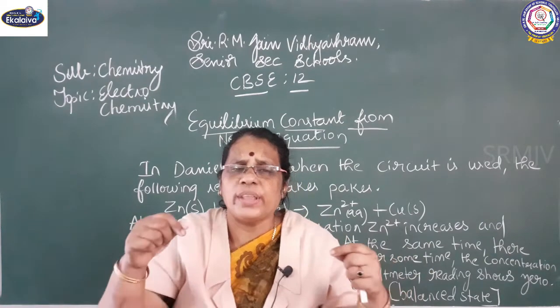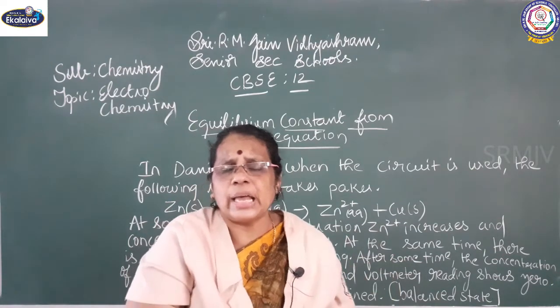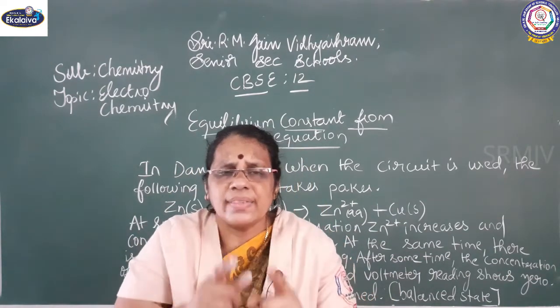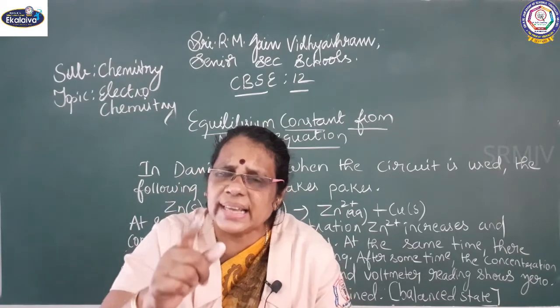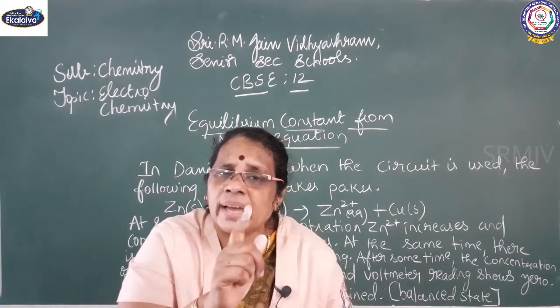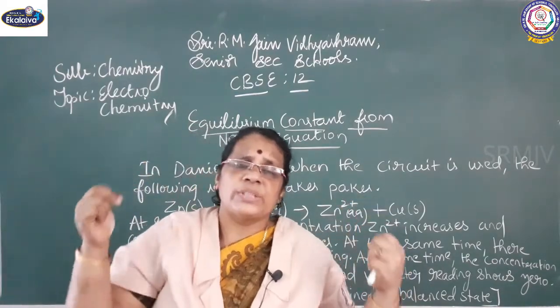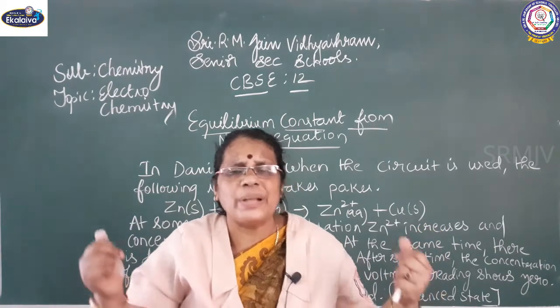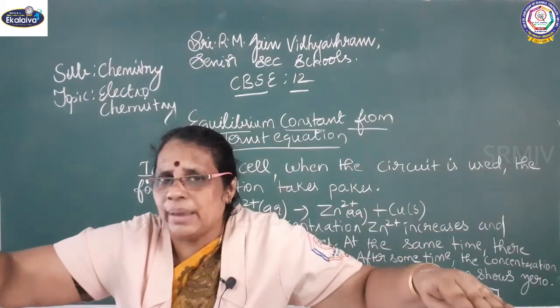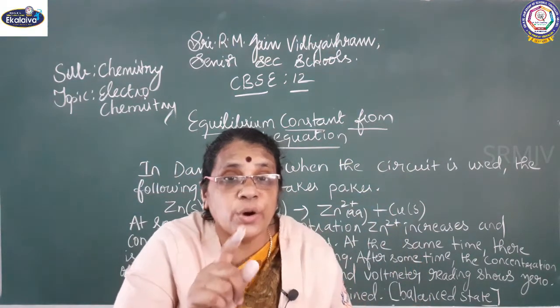I have talked about the Daniell cell where the circuit is closed and the reaction has taken place. In the beginning, the concentration of zinc 2 plus ion increases and that of copper 2 plus ion decreases, and the voltmeter reading decreases. But after some time, both concentrations remain constant and the voltmeter gives 0 reading.